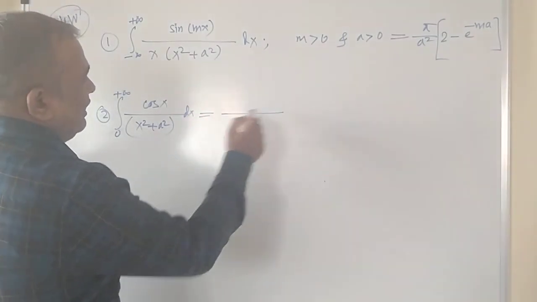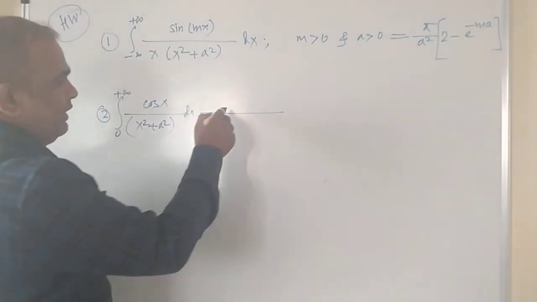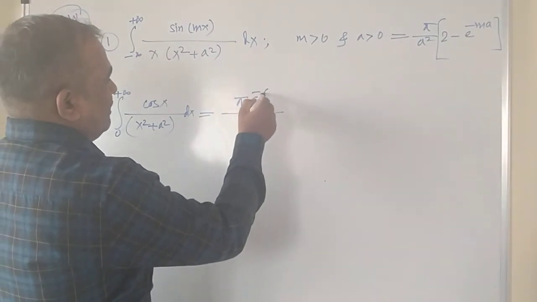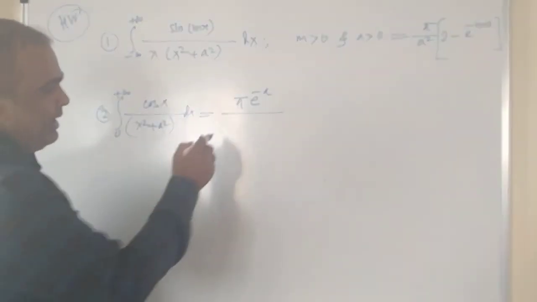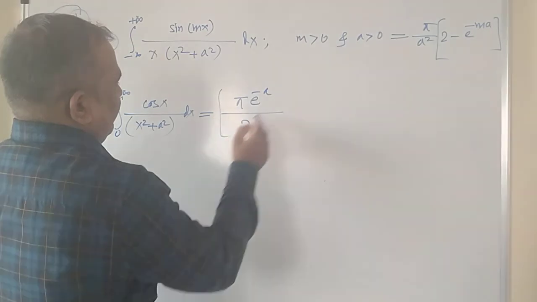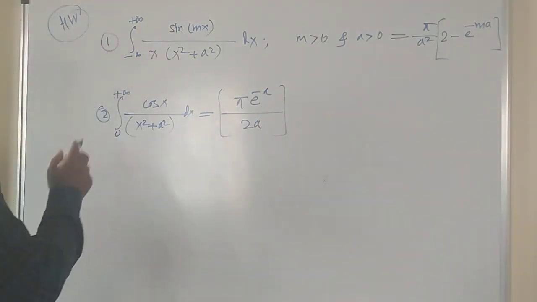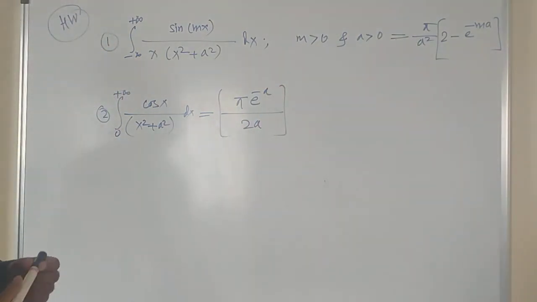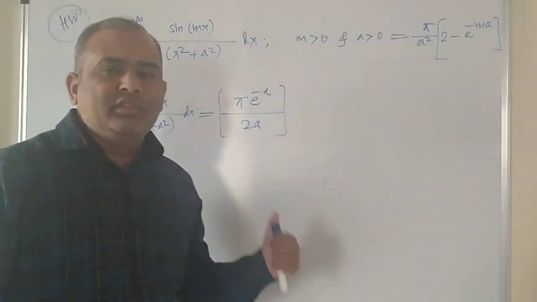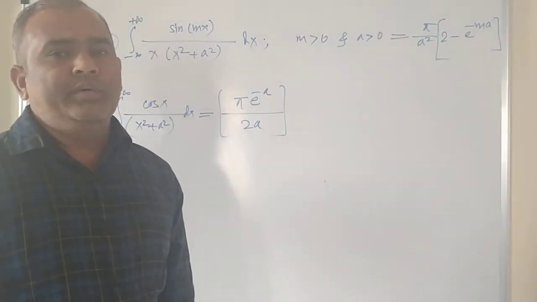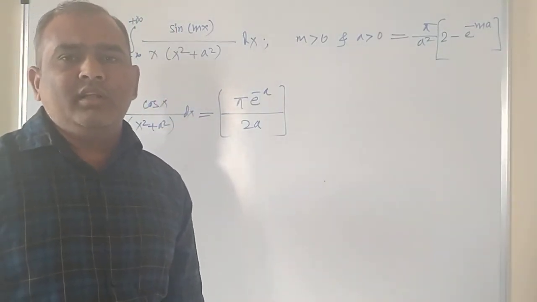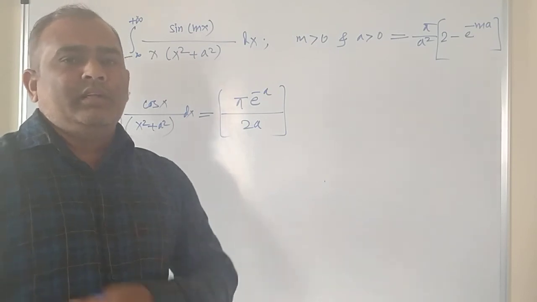Solve this, and its answer is pi e raised to minus a divided by 2a. So these are the two homework problems for you. I think you have understood the topic, how to solve the integral around a circle, unit circle, semicircle, right?